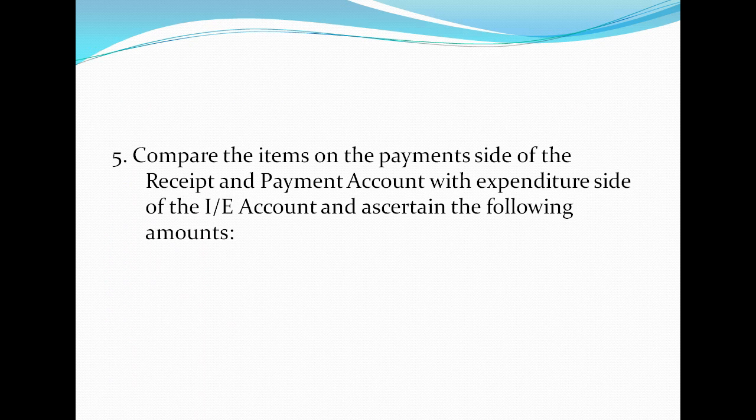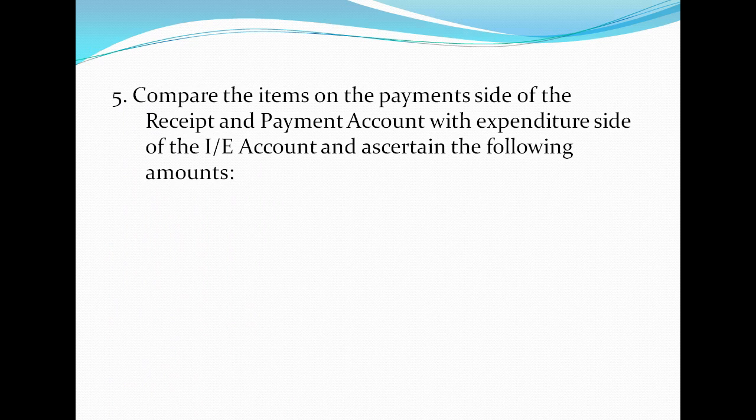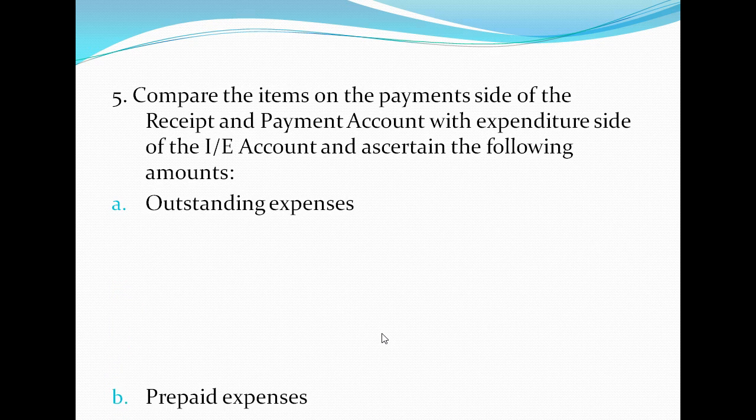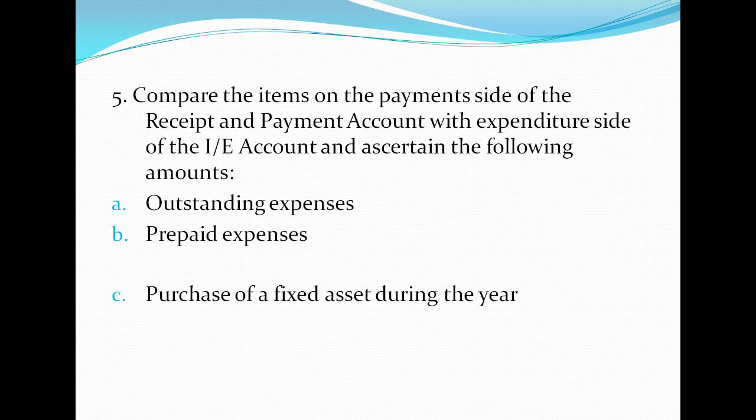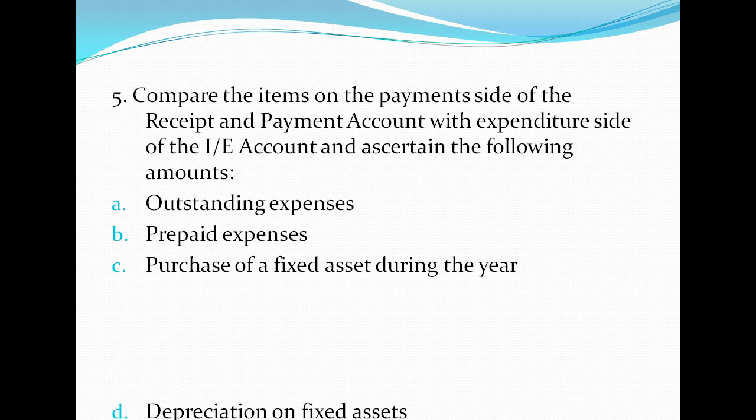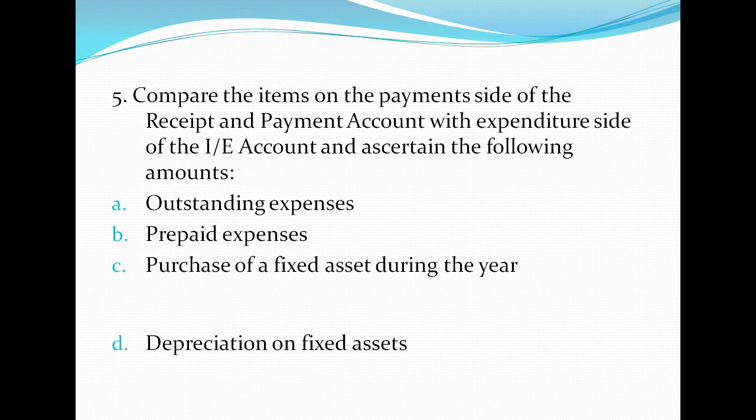Compare the items on the payment side of the receipts and payments account with the expenditure side of the income and expenditure account. Ascertain the following: outstanding expenses, prepaid expenses, purchase of fixed assets during the year, and depreciation on fixed assets.